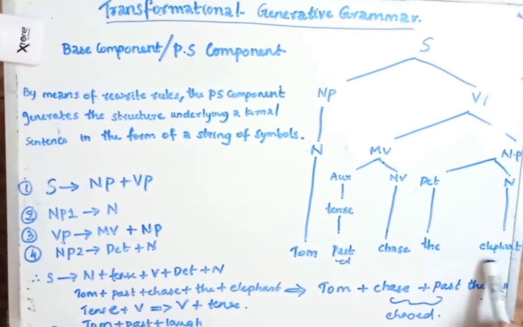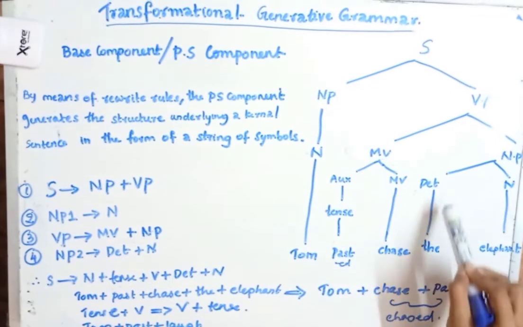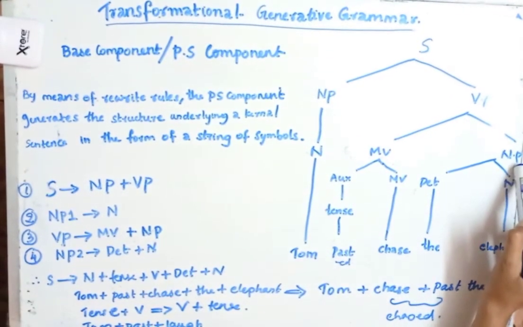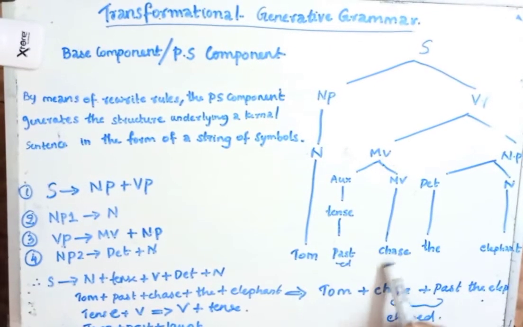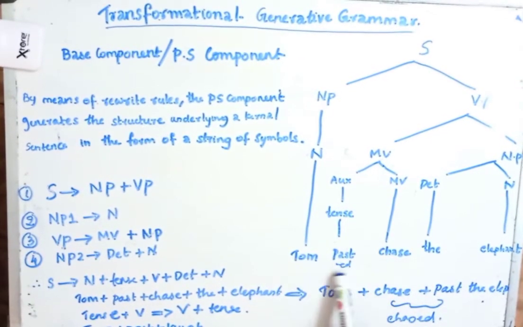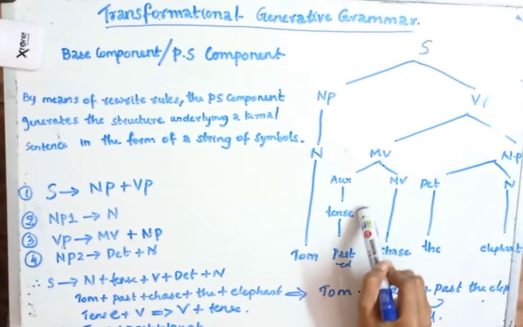Now elephant is a noun. The is a determiner. Together, the determiner and noun denote the noun phrase. Chase is a main verb, and since it is chased, you know that it contains a tense. So it contains past, which is a tense, which is an auxiliary.